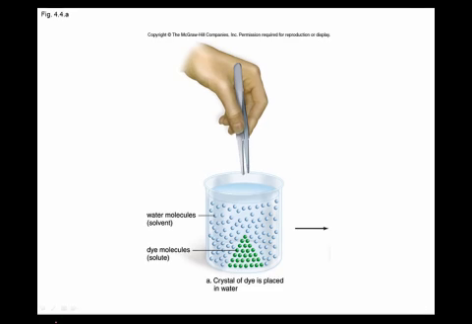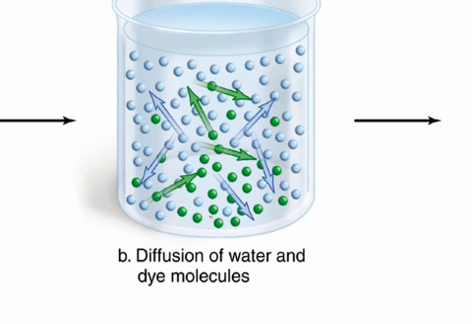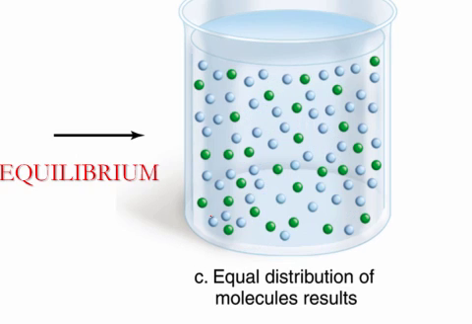Here's a simple example. If we take a molecule of dye and we drop this in a beaker of water, we have an area of high dye concentration in the crystal, and over time, those dye molecules will begin to move out. And so they will spread out in the water, moving from that initial high concentration out into surrounding low concentration, simple diffusion.